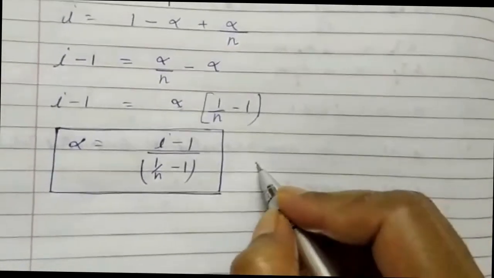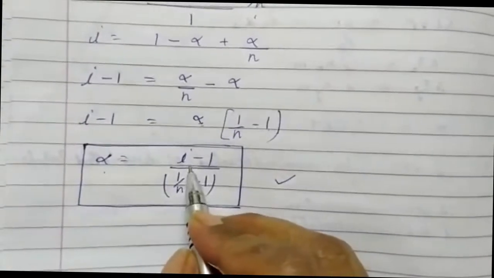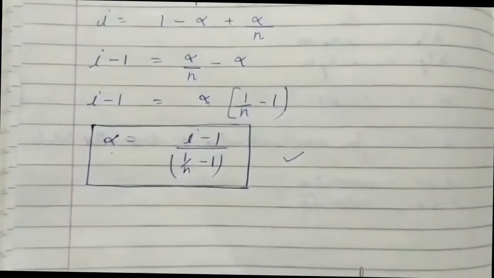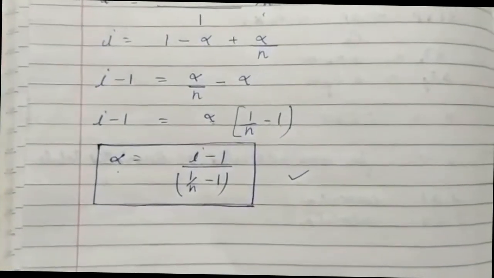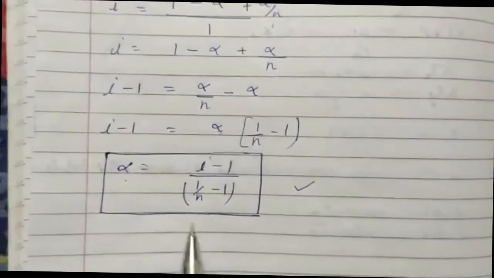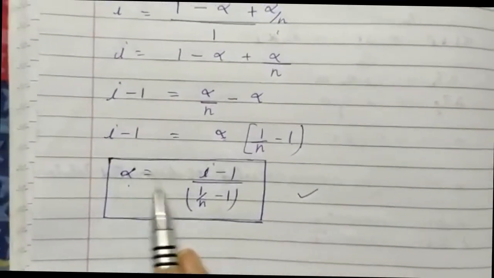So this is the relationship between the degree of association and the Van 't Hoff factor for a weak electrolyte which undergoes association. If a weak electrolyte is undergoing association, then we can find i or alpha by this formula: alpha equals i minus 1 upon 1 by n minus 1.